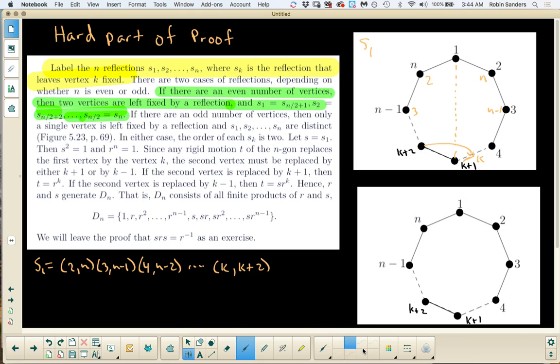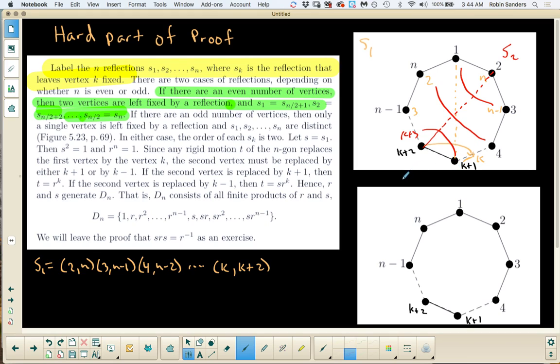If I get a different color, the S2 permutation would use that red line for its line of reflection, and so it would have 1 and 3 being paired up and 2 and 4 being paired up, and k plus 1 would be paired up with k plus 3, and so on.